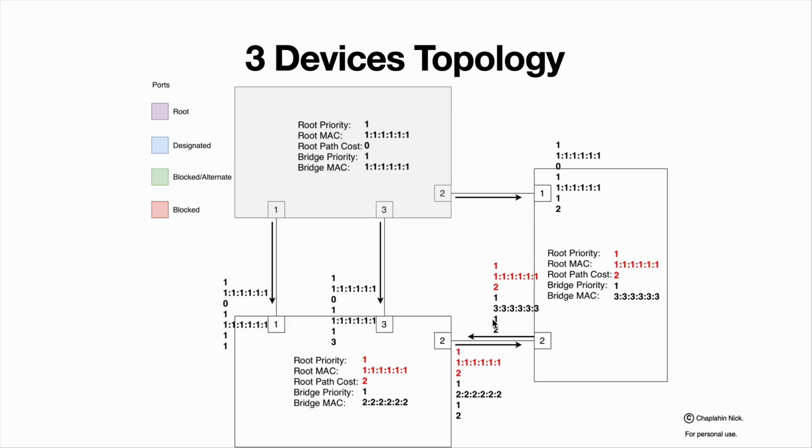So those 2 ports with IDs 2 exchange information. Both of them send the same root information, both of them have the same root path cost, but different bridge identifiers. The bridge with lower MAC, higher priority, is better. This information is remembered on the most right switch.